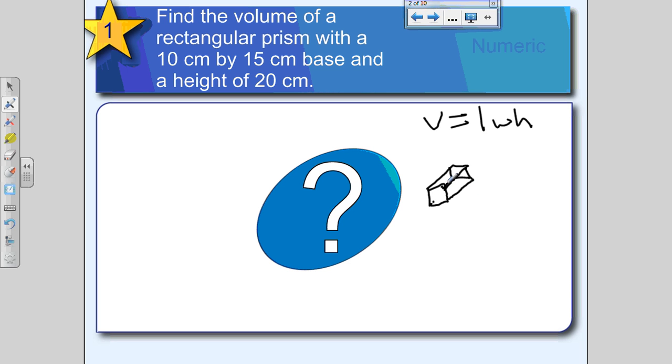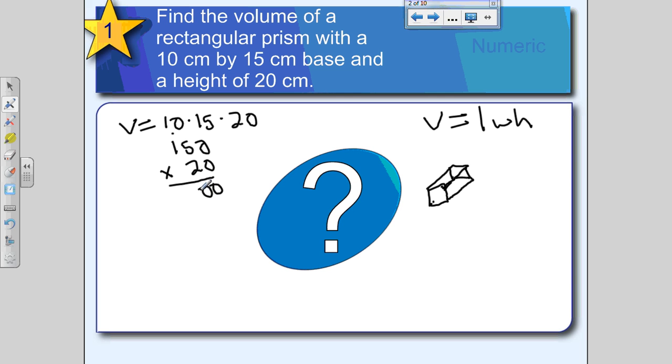Alright, so right here we're going to find the volume of this. Volume is length times width times height, so 10 times 15 times 20. 10 times 15 is 150, times 20.